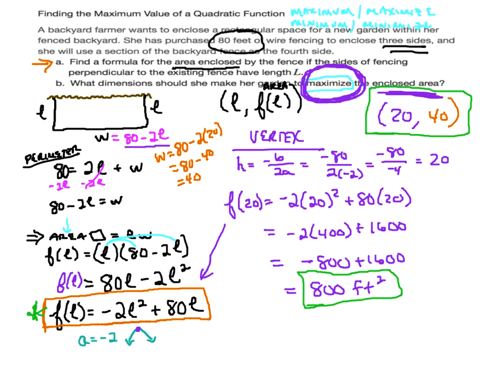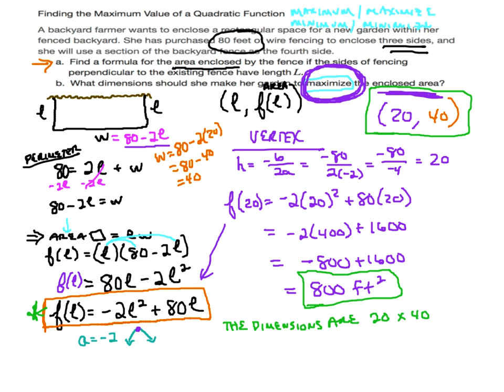Okay, so we have the formula. We've answered that first question. There's our formula right there. The second question, B, says, what dimensions should she make her garden? The dimensions are 20 by 40.